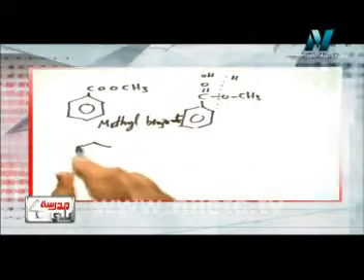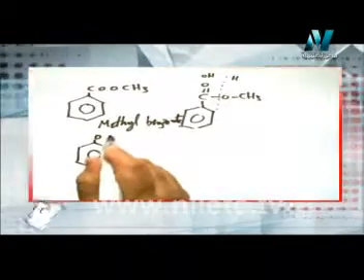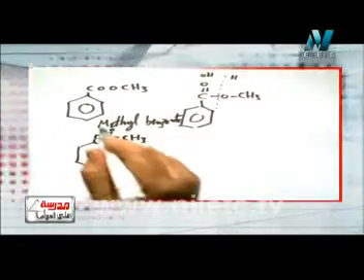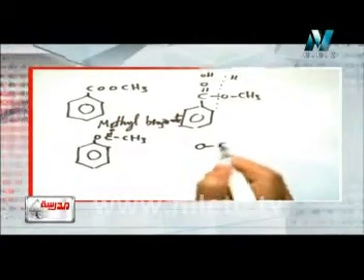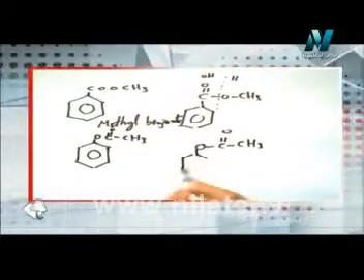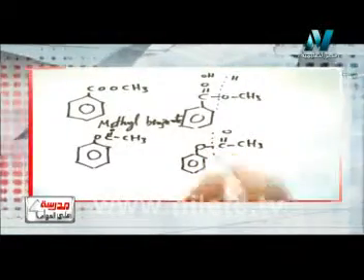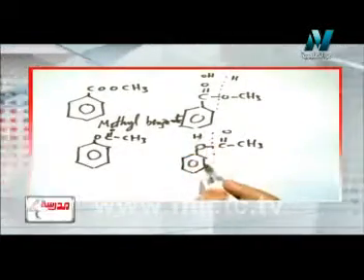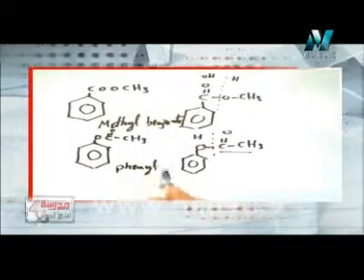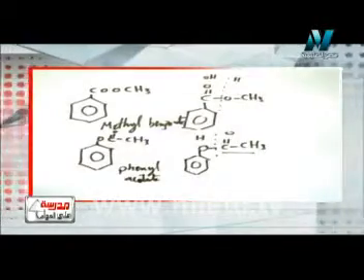But in phenyl acetate, the O is attached to the benzene ring, then C double bond O, CH3. When we separate between the two O, the part attached to the benzene ring with H is phenol, phenyl, and the other part is acetate. This is phenyl acetate. They have the same molecular formula, but they are different in structural formula.